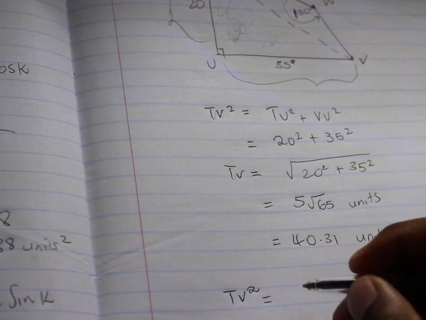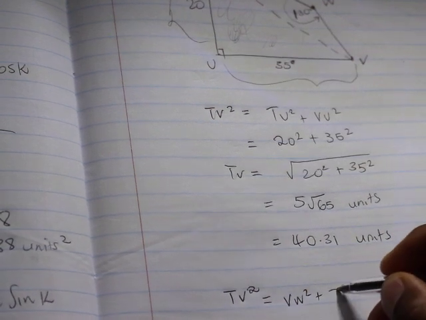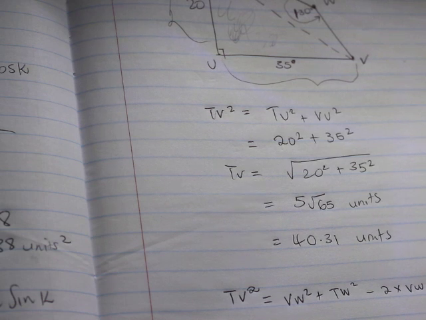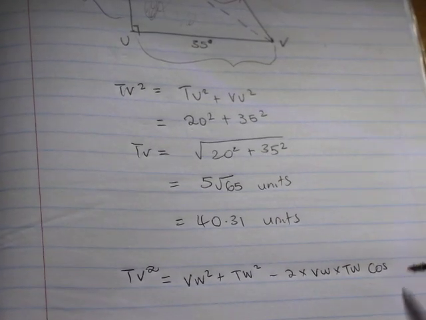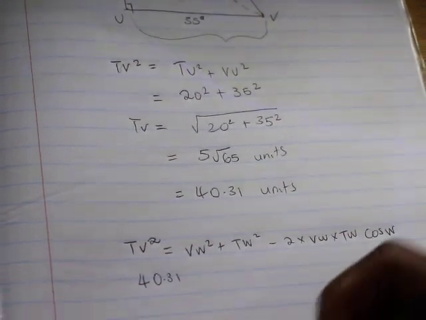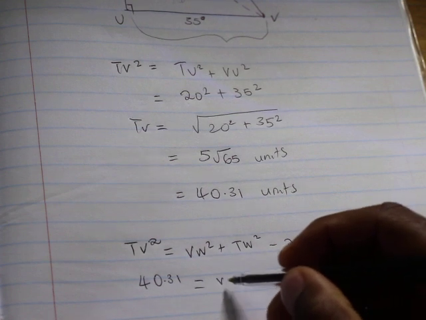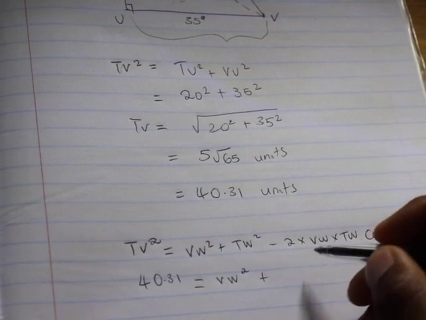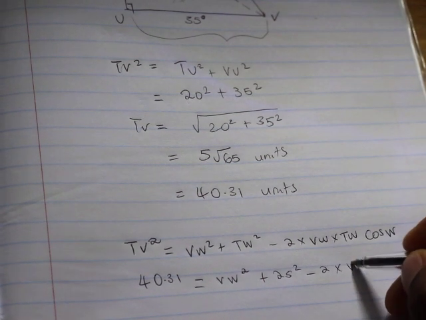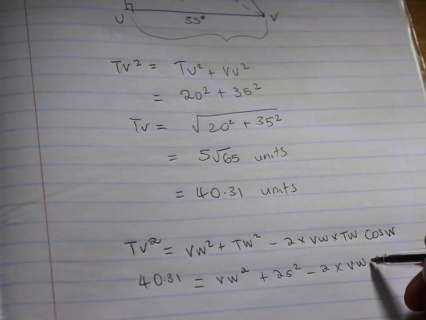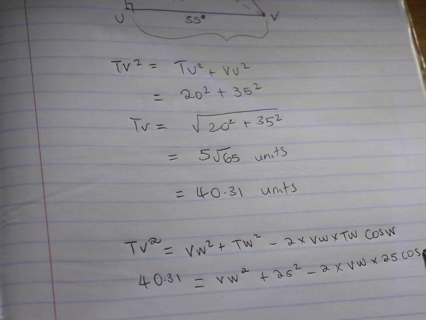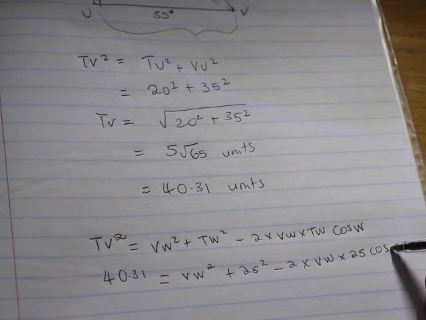So, TV squared is equal to VW squared plus TW squared minus 2 times VW times TW, and then the cosine of the included angle, which is just W. So we already got TV, so 40.31 must be equal to VW squared, which is the side that we don't have, plus TW, that's just 25 squared, minus 2 times VW, that we don't have, ladies and gentlemen, times TW, which is 25, and then the cosine of 130 degrees.